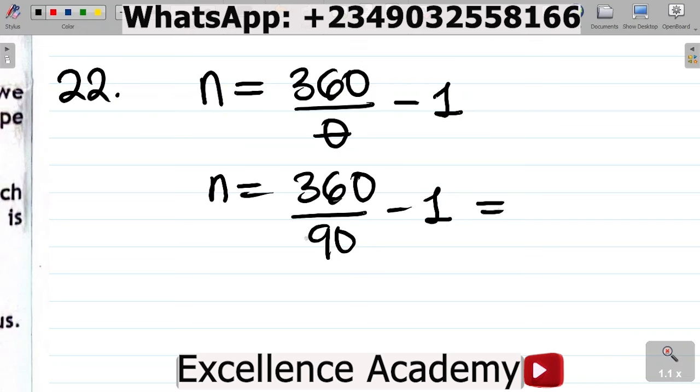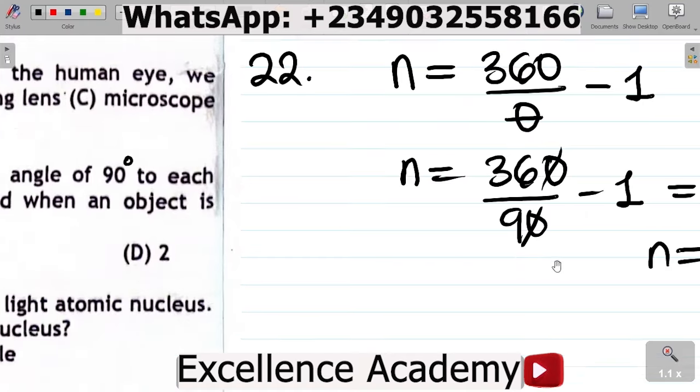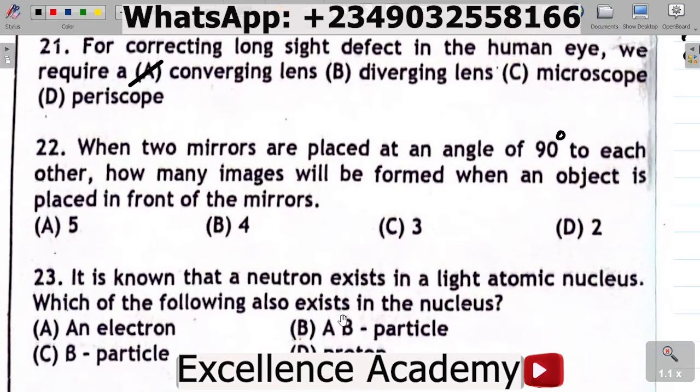If you cancel this, 36 over 9, you have 4. That becomes 4 minus 1. And from here, N is equal to 3. All right, so basically remember this formula, that the number of images formed would be equal to 360 all over the angle minus 1. So with this formula, our answer gives us N is equal to 3. So for this question here, the answer is 3.